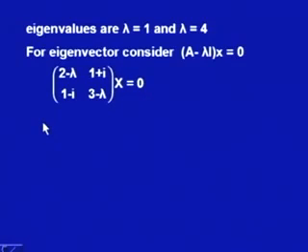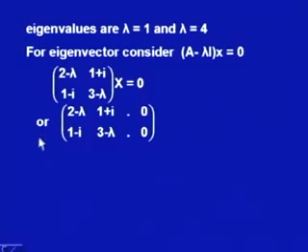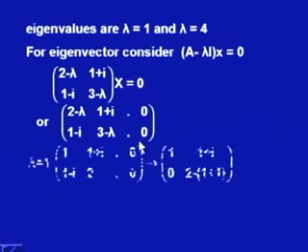For lambda equal to 1 we have to solve this equation to get the eigenvectors corresponding to lambda equal to 1, and when we solve it for lambda equal to 4, we will get the eigenvector corresponding to lambda equal to 4. So, first for lambda equal to 1, this equation becomes 1, 1 plus i, 0, 1 minus i, 2, 0. This is an augmented matrix corresponding to this system.